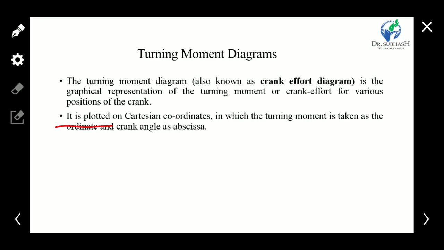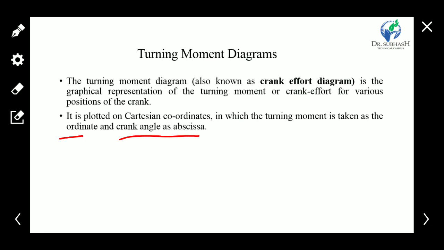It is plotted on Cartesian coordinates in which the turning moment is taken as the ordinate and crank angle as the abscissa, which means the turning moment is on the vertical axis and crank angle is on the horizontal axis.